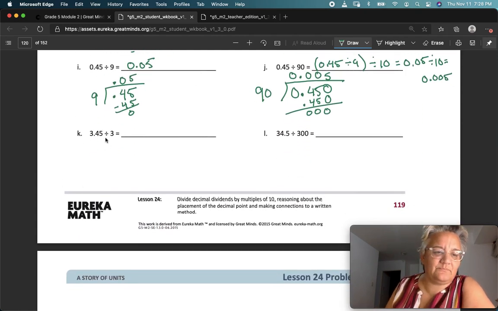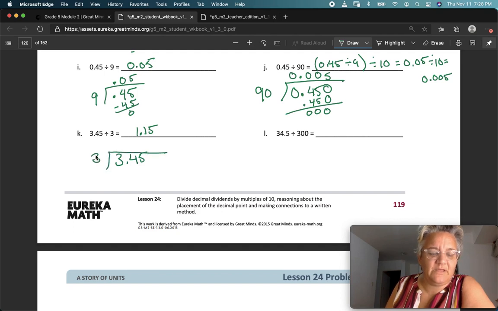Okay. All right, 3 goes into 3 one time, and 3 goes into 45, let's see, 15 times, right? Let's do that, long division. 3 goes into 3 one time. 1 times 3 is 3.